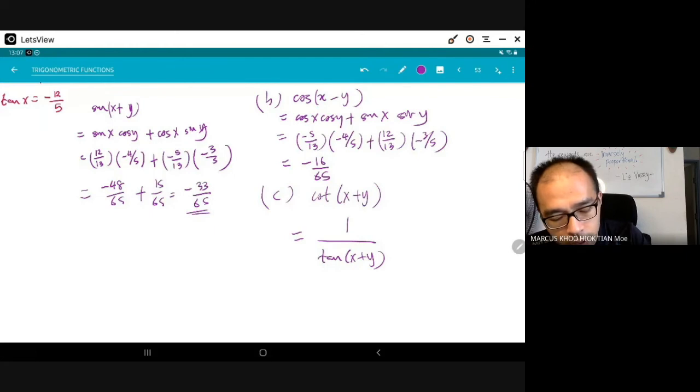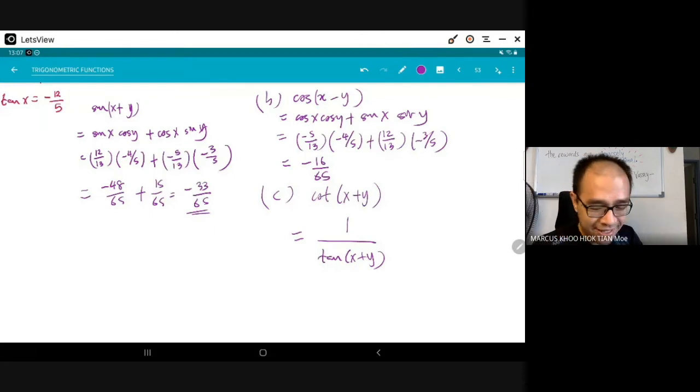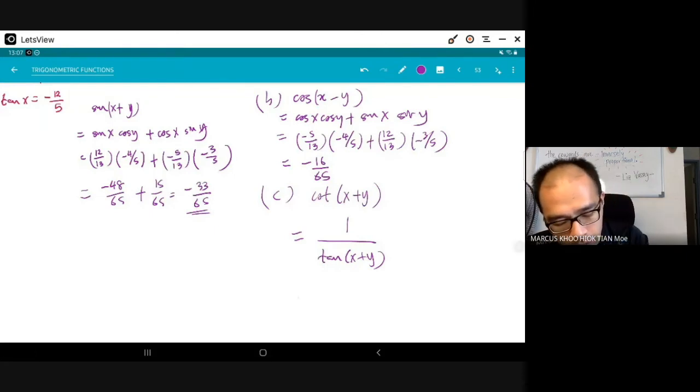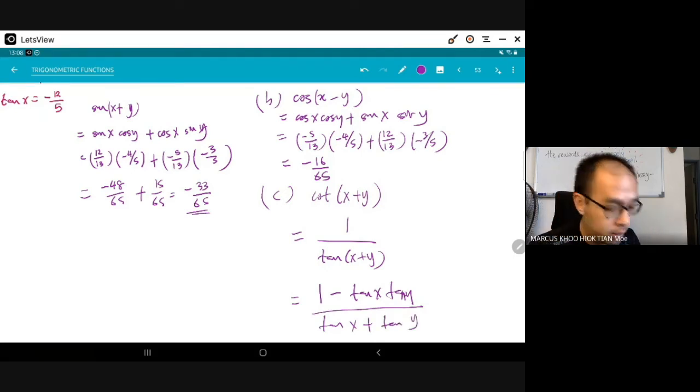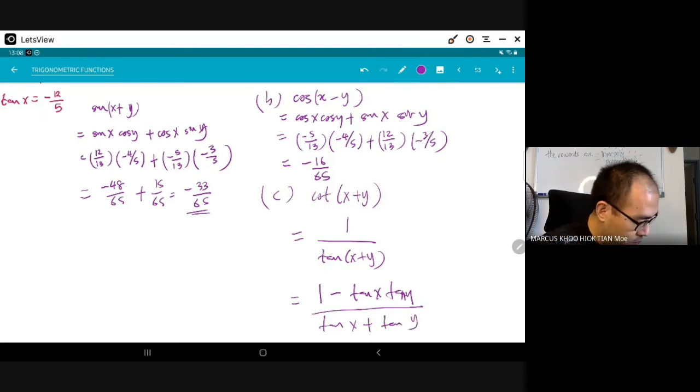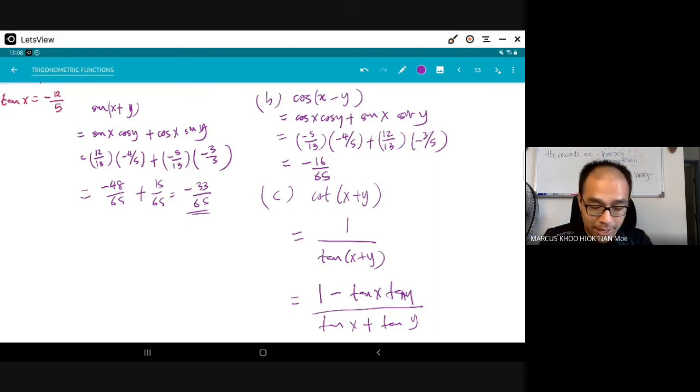So when we do this, we will get 1 minus tangent x tangent y over tangent x plus tangent y. Am I correct? Yes.